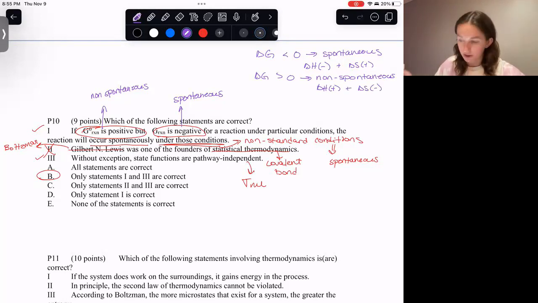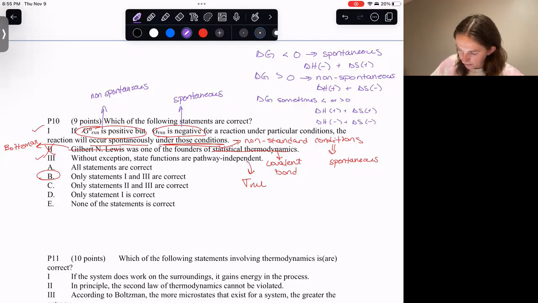And then we can have our conditionals, when delta H is positive and delta S is positive, or delta H is negative and delta S is negative.